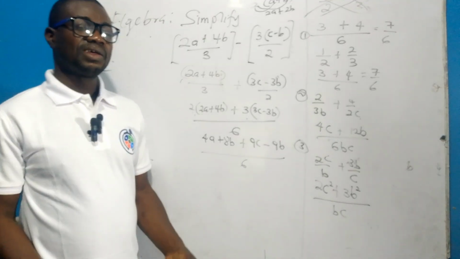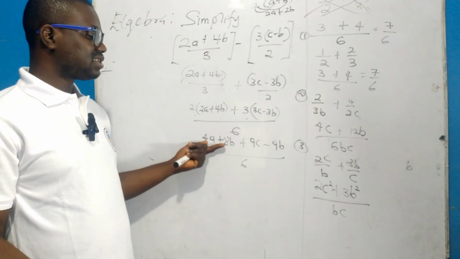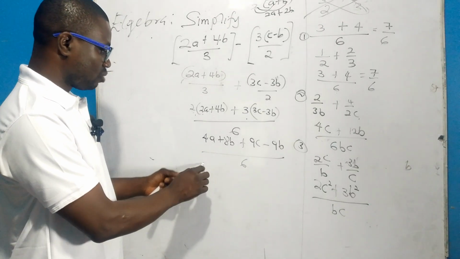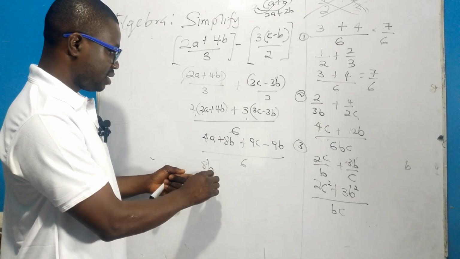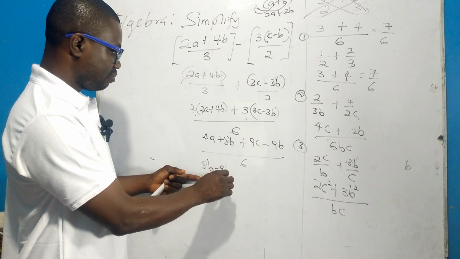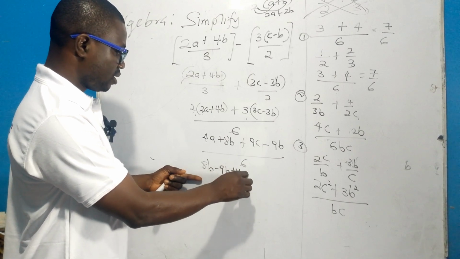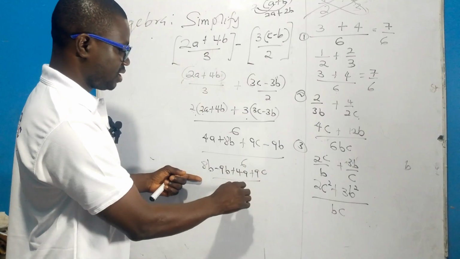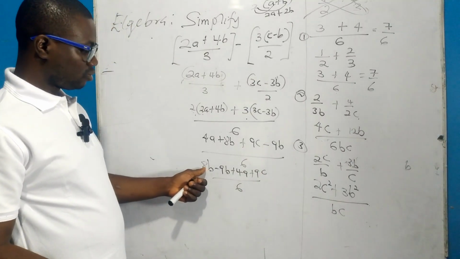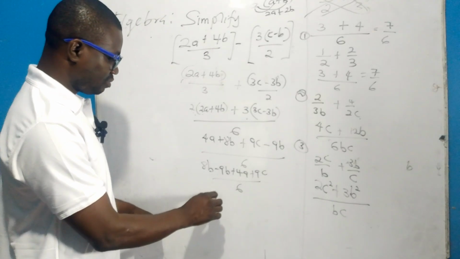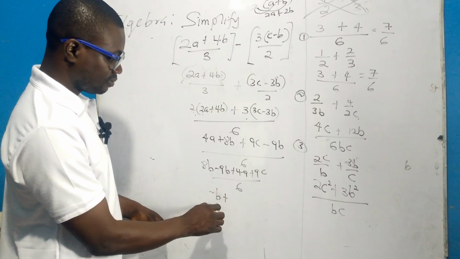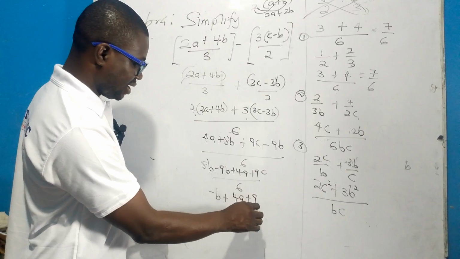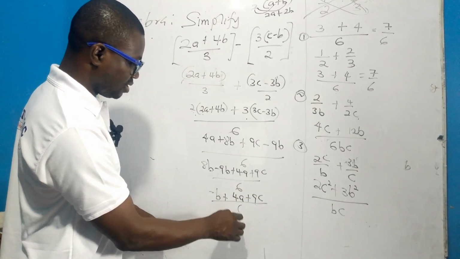Remember, the child can remember that there is something we can do by grouping items. So the b's will come to one side: 8b minus 9b plus 4a plus 9c, all over 6. So 8b minus 9b will give you minus b plus 4a plus 9c, all over 6.